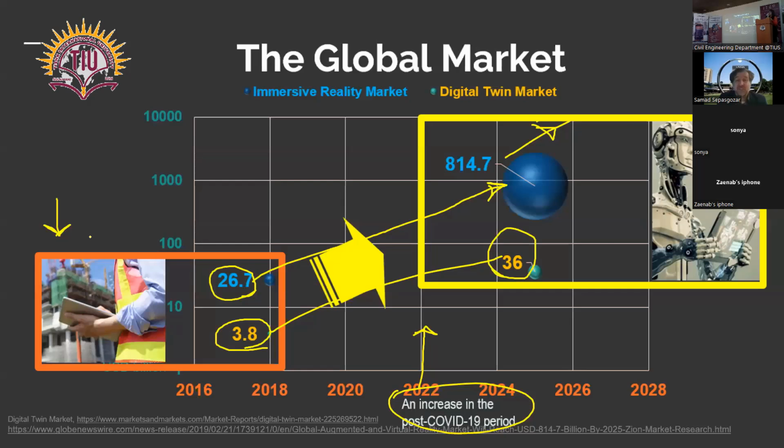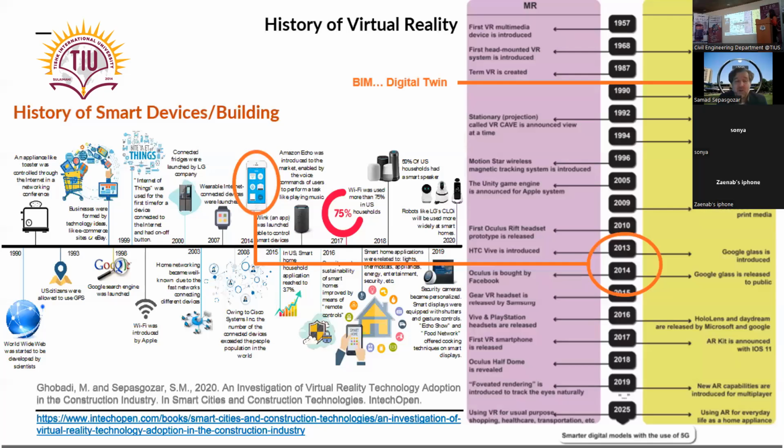So here you can see two different horizontal and vertical timelines. The vertical one shows the history of virtual reality. It was from many years ago. But if you look at this figure, sometime around 2014, the virtual reality advances have accelerated, because at the same time, smartphones, iPad, and Wi-Fi internet, and all different sensors have been introduced to the market.